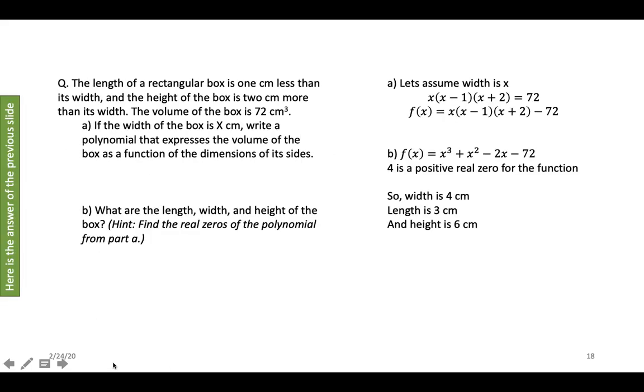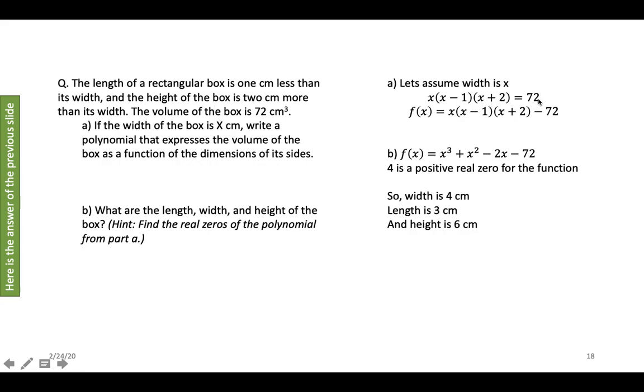This math is related to a rectangular box. According to the question, if you assume the width is x, then the length is 1 centimeter less, so we can write x minus 1, and the height is 2 centimeters more, so we write x plus 2.